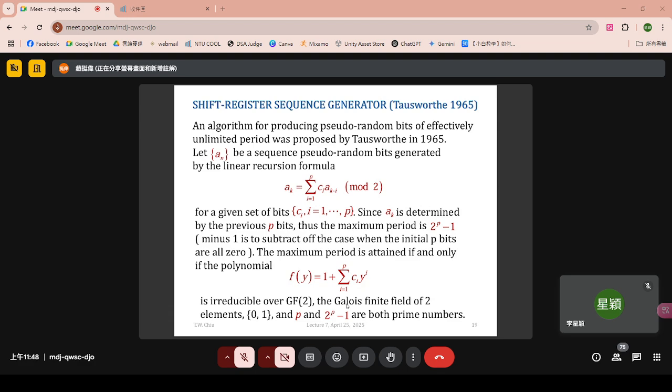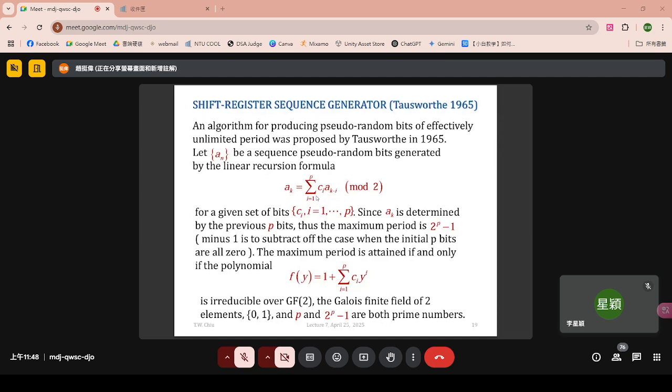Starting from the bit, you see a sequence of bits. A bit is just a 0 or 1. So from the previous bits, instead of just the previous 1 bit, it starts from the previous p bits, from 1 to p.